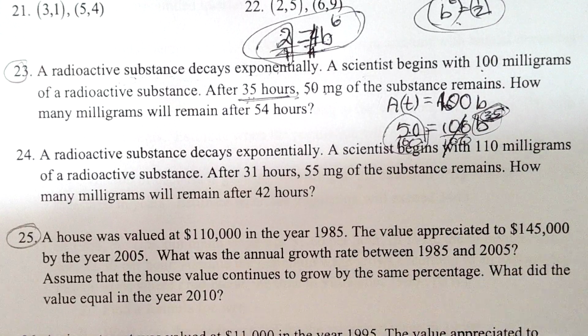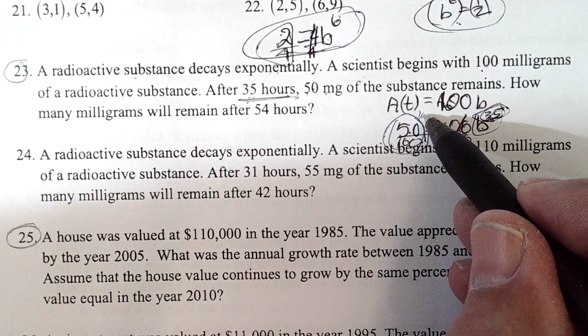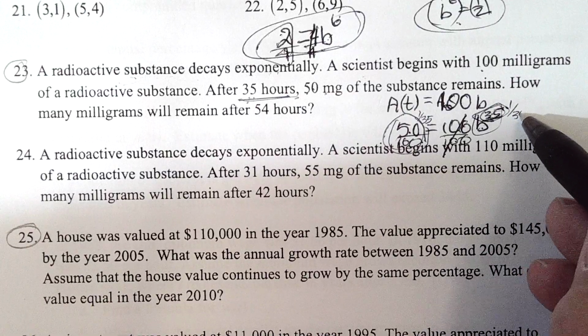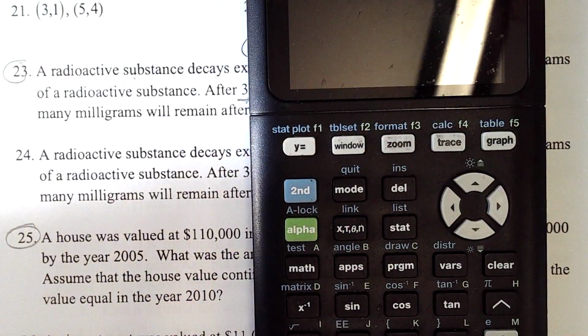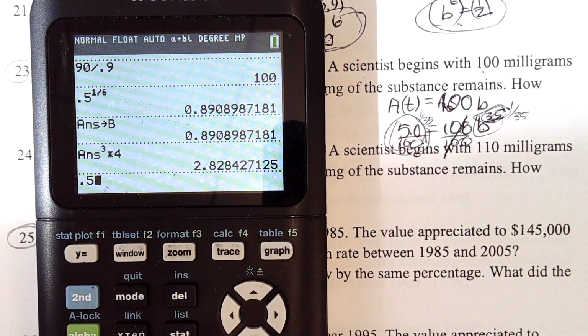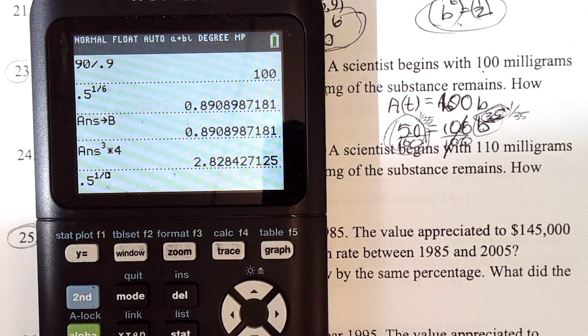But anyway, let's figure out what the base is. So we got to take half to the 1/35th power to get rid of the 35. So on my calculator, I'm going to go 0.5 to the 1 divided by 35.